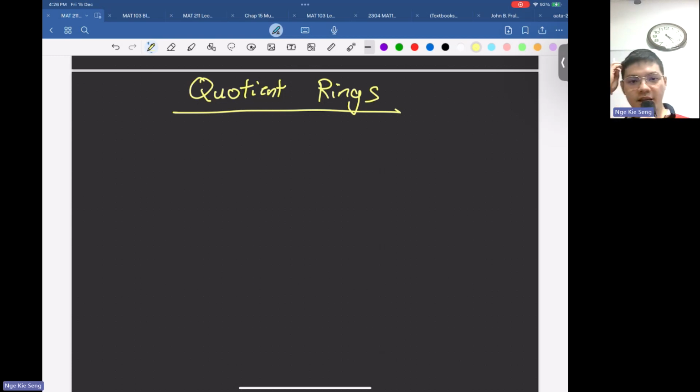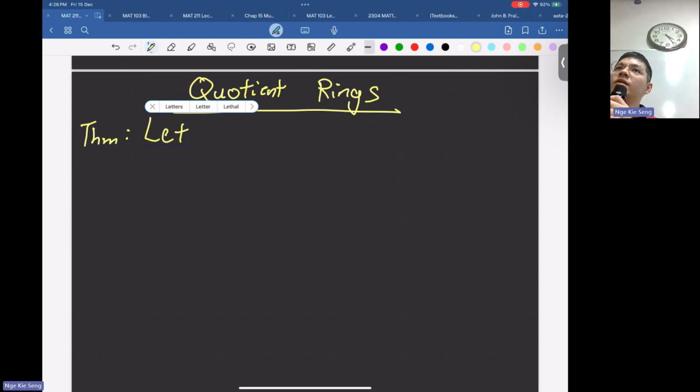Similarly, it's the same argument here. So what's the theorem we have? What do you quotient by in a group? A normal subgroup. A normal subgroup is the kernel of some homomorphism, right? So the kernel of a ring homomorphism satisfies the property of an ideal. So now we take an ideal.